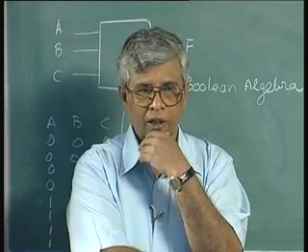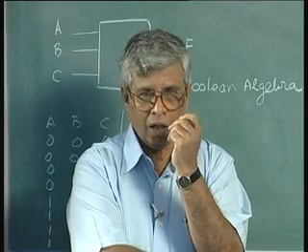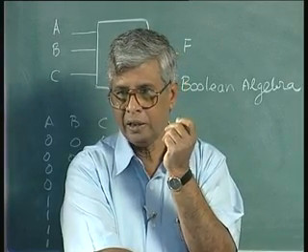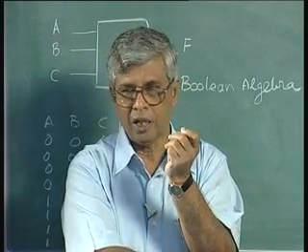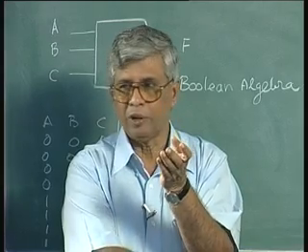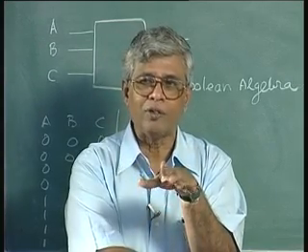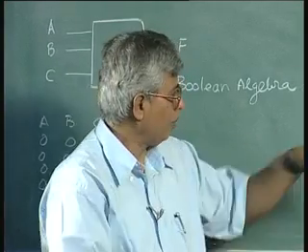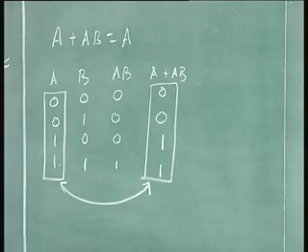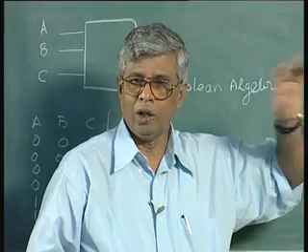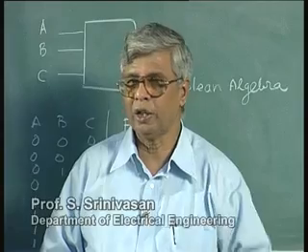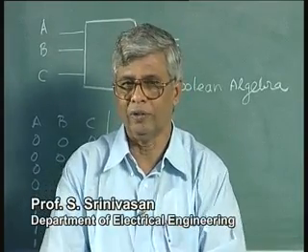Distributive, A OR (B AND C) is same as AB OR AC. It is a distributive law. All these simple rules of algebra we use can be used here. For example, I use this here. So, laws of commutation, distribution and all those things are applied here also equally well.